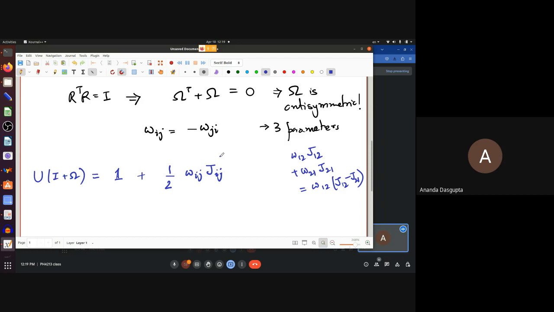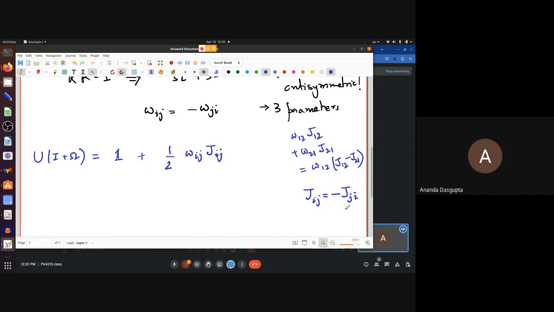That's the signature of the fact that omega is antisymmetric under the interchange of i and j. And because of this, we assume that Jij and Jji are negatives of each other. By doing this, we are only keeping the relevant portion. A part which is symmetric in i and j would be completely irrelevant as far as the sum is concerned.